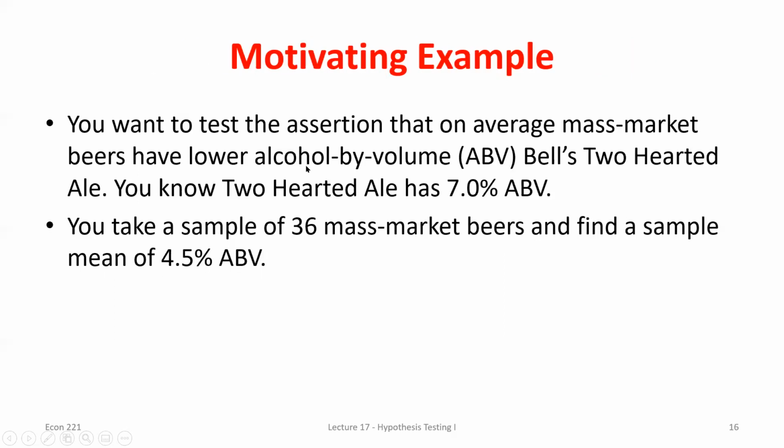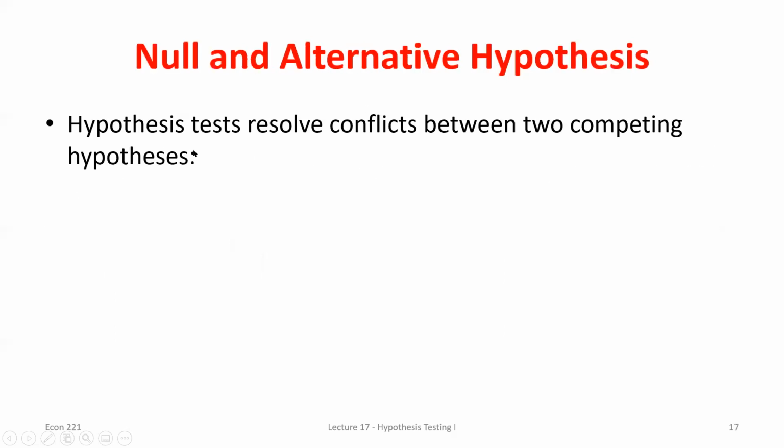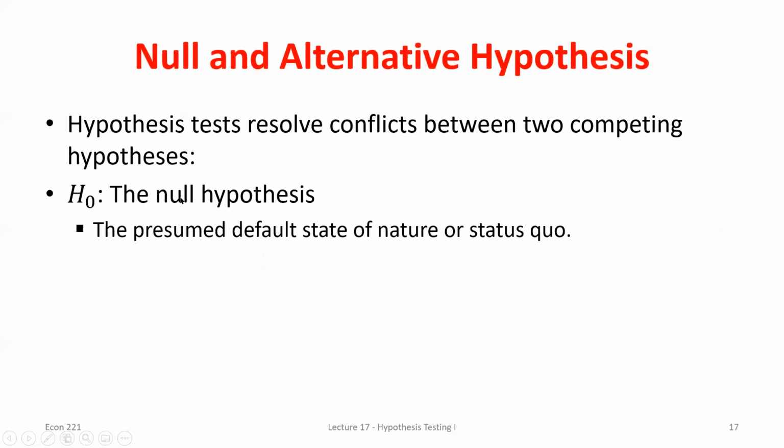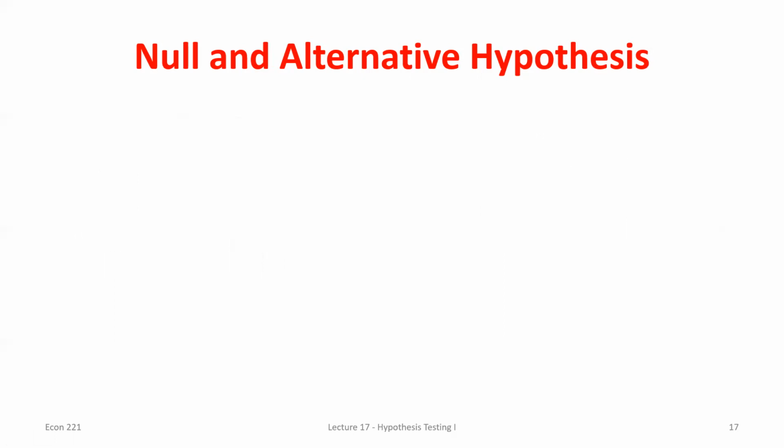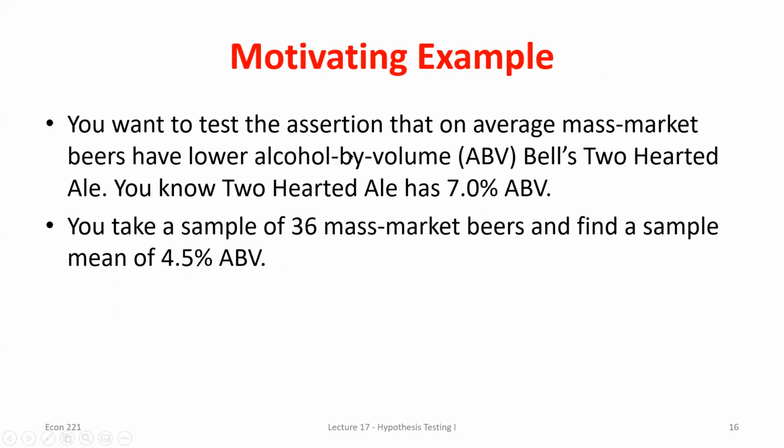So how can I turn this into a null and alternative hypothesis, right? Well, my null hypothesis is going to be the assumed true state of nature. So whenever I want to find something, whatever I'm trying to test for, I'm going to assume the opposite is true. Here I want to see, does the average mass market beer have an ABV lower than 7%?